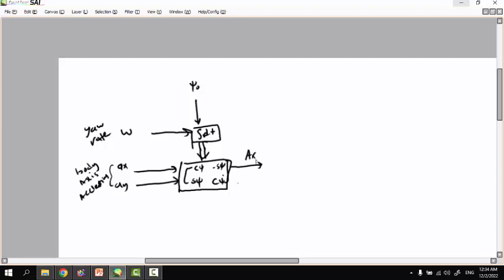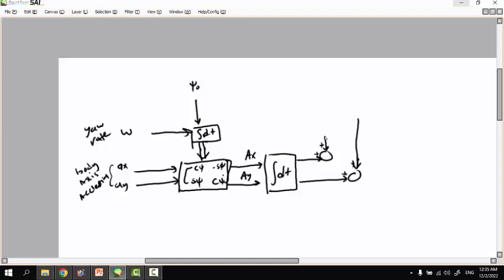We get ax and ay, which are the accelerations in the inertial frame. We integrate these two quantities with respect to time, and we add plus here, and once again plus, Vx at time 0 and Vy at time 0.